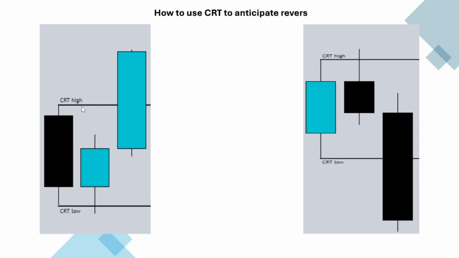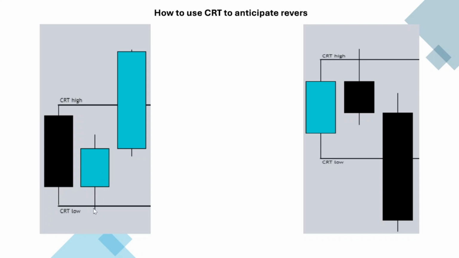So if price runs sell side liquidity, in this first area here you can see there are three candles. One, two, three. If you look closely, these candles are indicating accumulation and manipulation, where the second candle manipulates the first candle's low, which is now being called the CRT low.